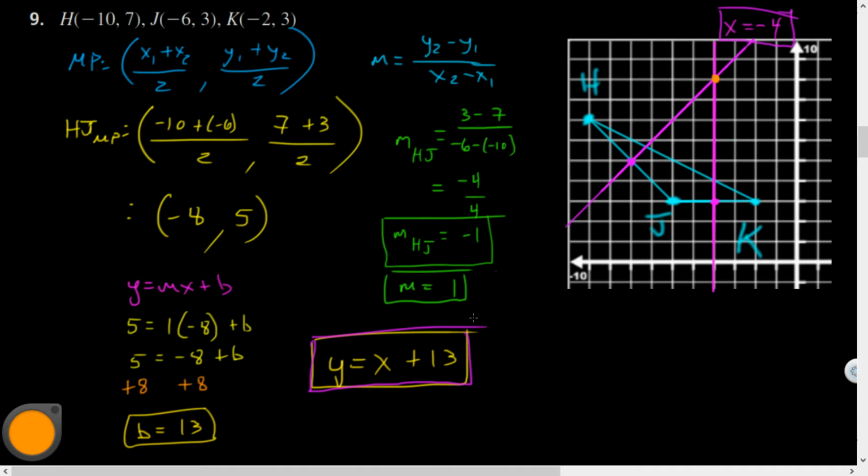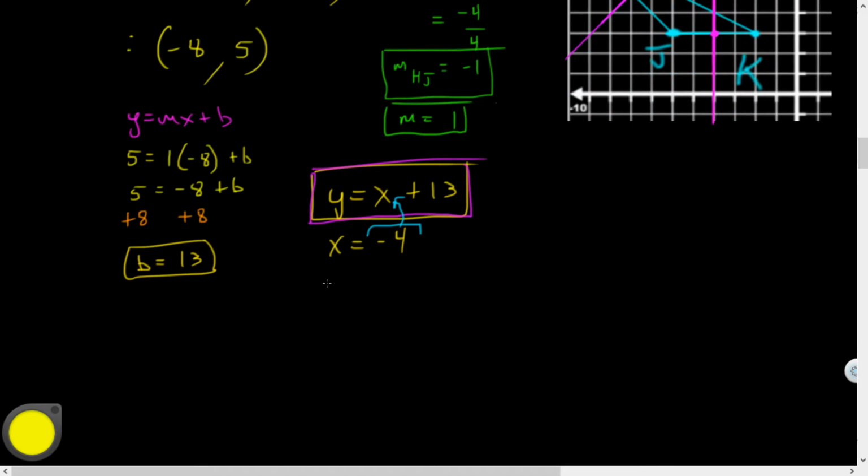All right, so if I want to solve the system of equations, if I have y equals x plus 13 and x equals negative 4, how do I solve that system? I'll use substitution. If x equals negative 4, I can plug this in up here, and I will have y equals negative 4 plus 13. Y equals 9.